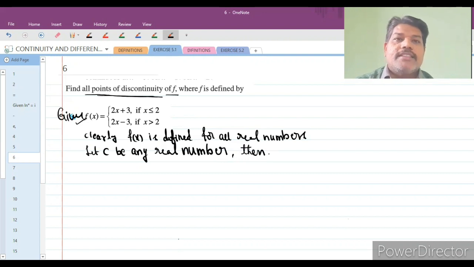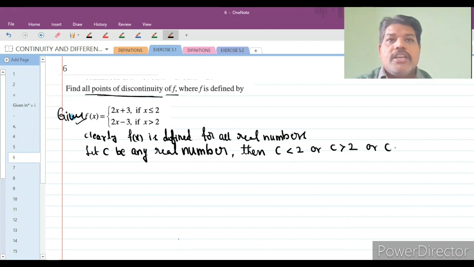So if f is defined for all real numbers and we take C as any real number, then we get three cases: C less than 2, C greater than 2, or C is equal to 2. In these three cases, we have to check the continuity of this function.